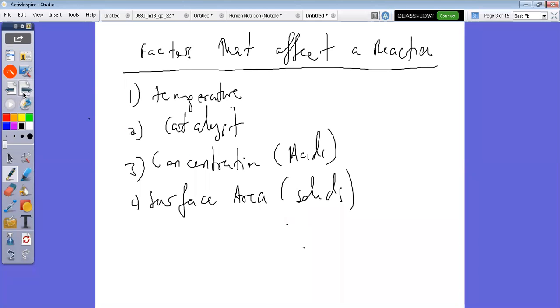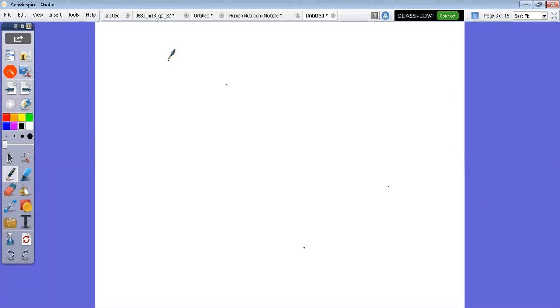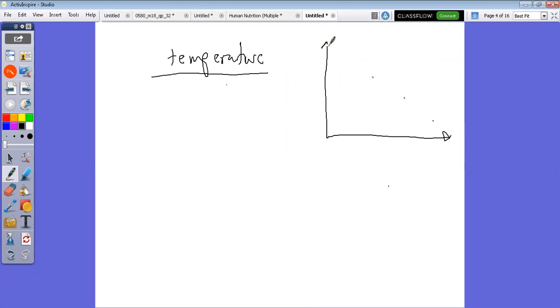Let's explain them in detail. Let's start with temperature. Maybe I need to show you something which is not there from O level. For A level, they will show you a graph called the Boltzmann distribution. It will help us to explain certain things. This is the energy, and this is the activation energy.